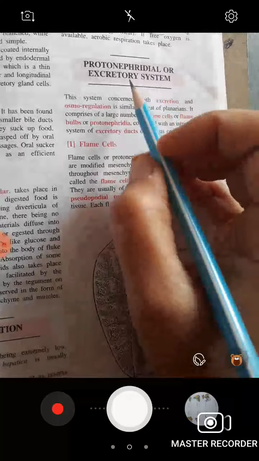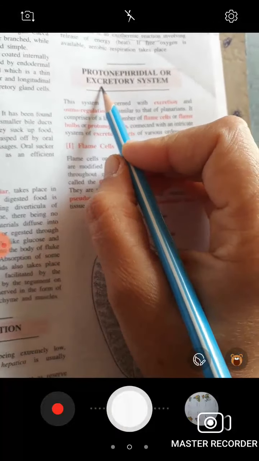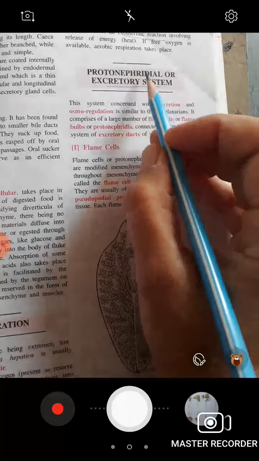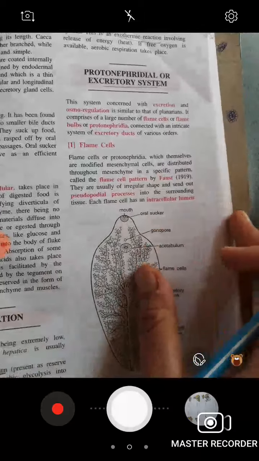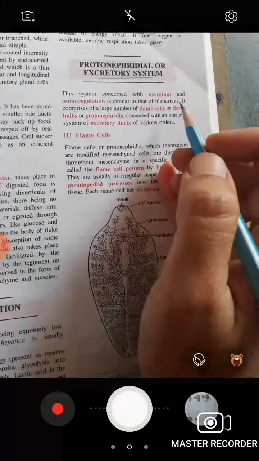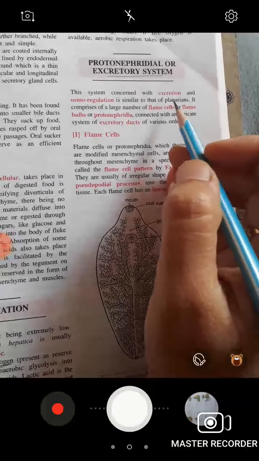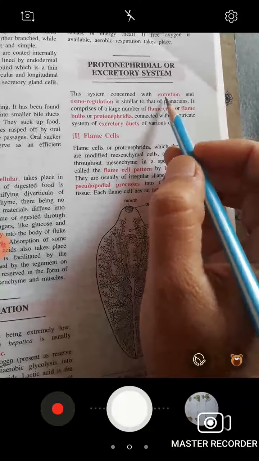Now comes the next system, that is the excretory system of Fasciola, or you can say the protonephridial system. Excretion in this animal, or you can say osmoregulation, these both are similar.